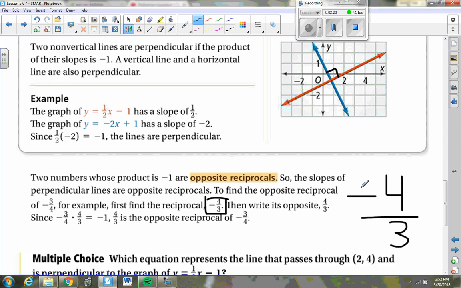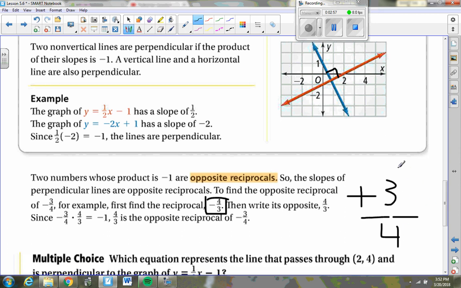First I'm going to flip the negative sign to be positive, and then I'm going to change this 4 to be a 3, because that's what's on the bottom, and I'm going to change this 3 to be a 4, because that's what was on the top. So I've now found the opposite reciprocal.